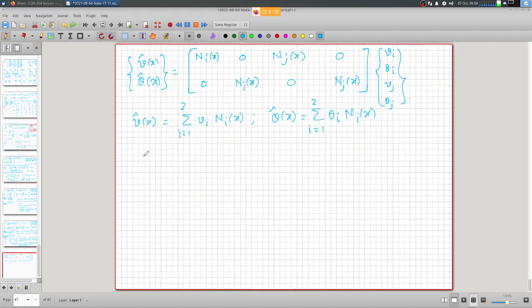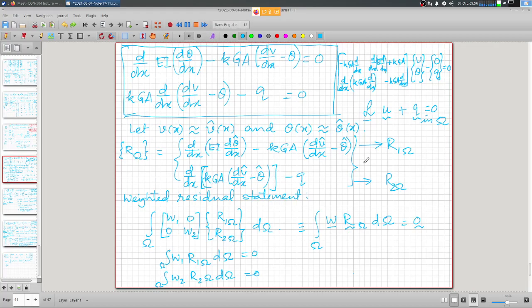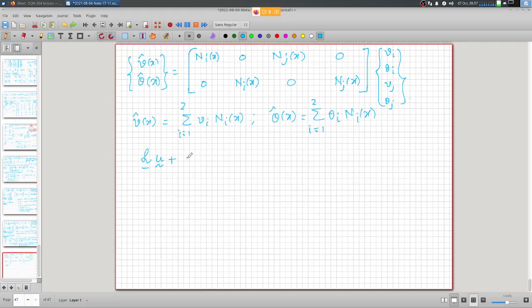So in the differential operator form, we have L u plus t is equal to 0 in omega.